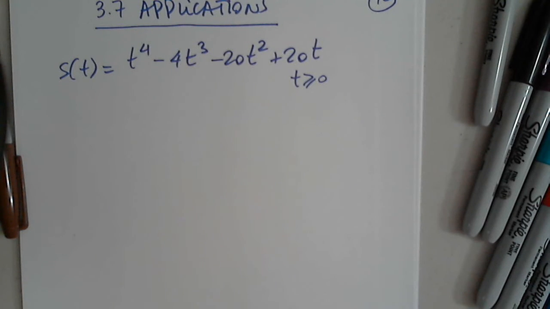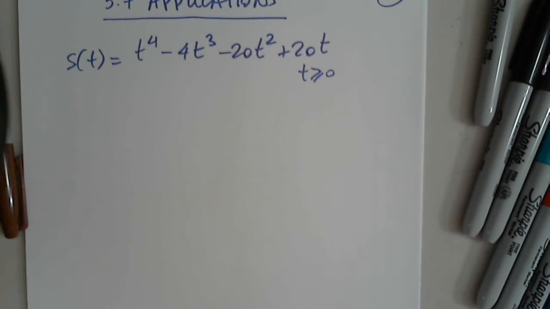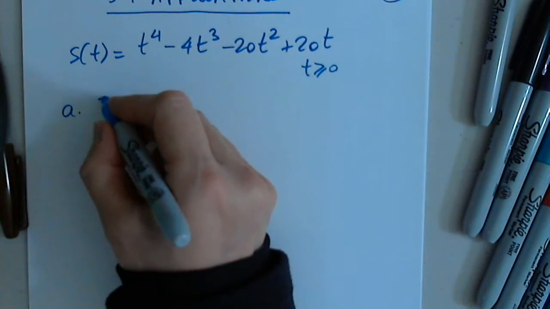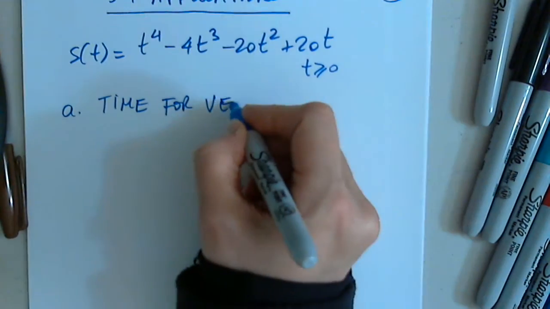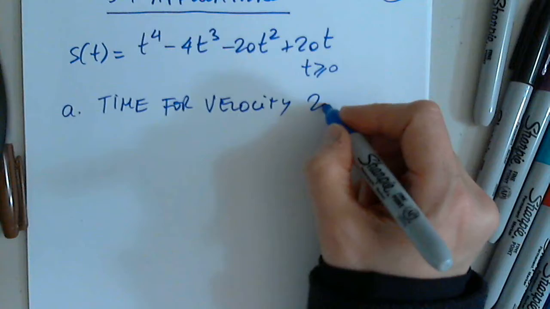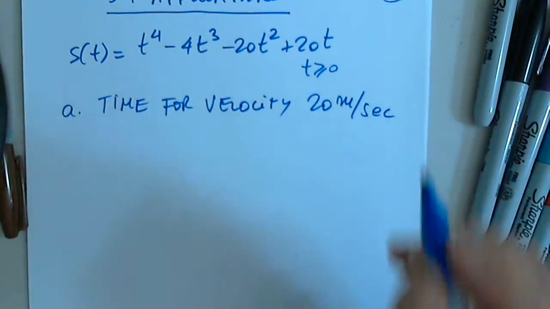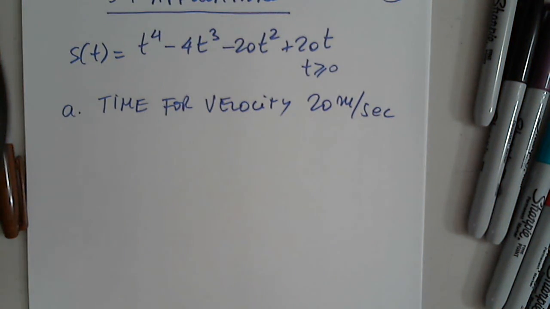Good. So our first question here is, at what time does the particle have a velocity of 20 meters per second? Part A, time for velocity 20 meters per second. Okay. What do you think we have to do in this situation?